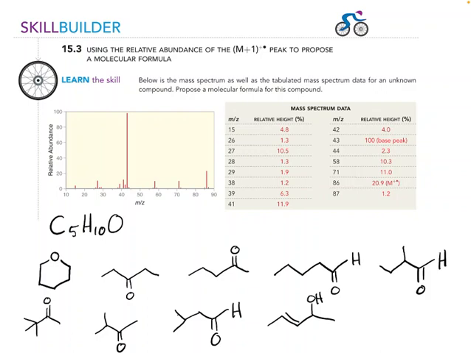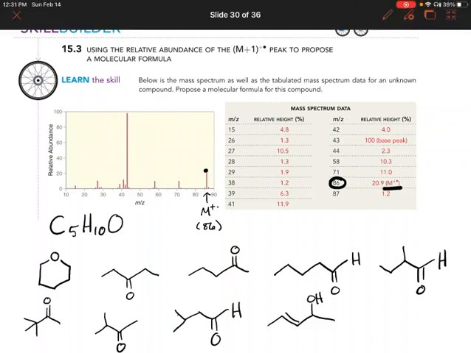Okay, so now let's try to figure out which structure is the correct structure, just using the mass spectrum. So remember, previously we said that the peak at 86 is the parent peak. And then let's look at the next closest peak.